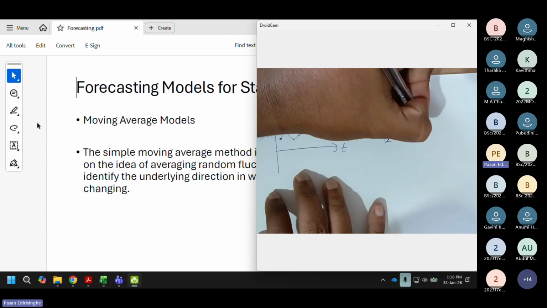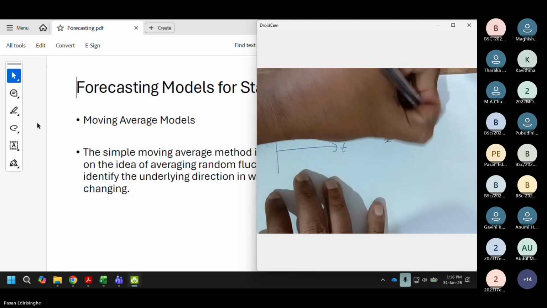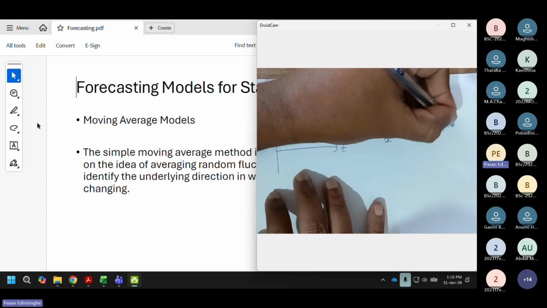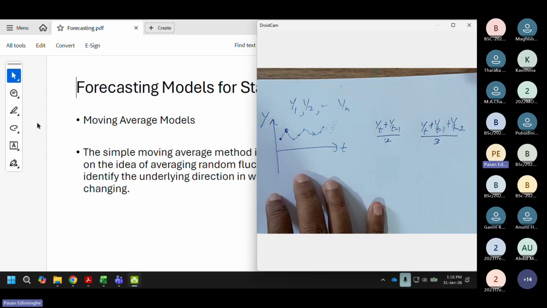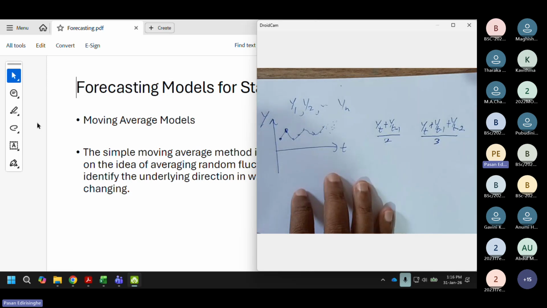Then we can take yt minus 1, yt minus 2 and so on, and divide by 3, taking three consecutive values. You can keep doing this for a large number of observations.